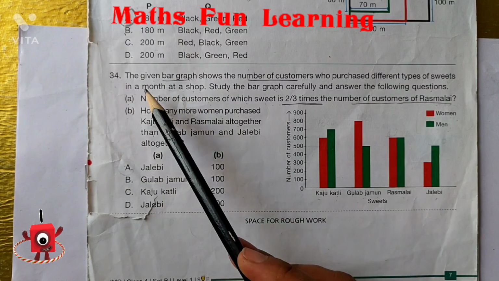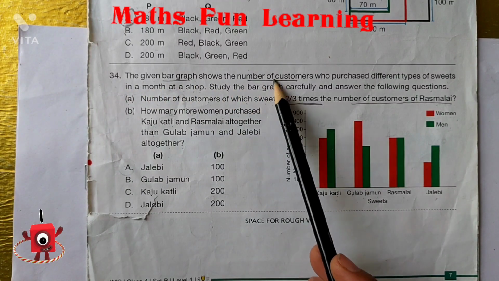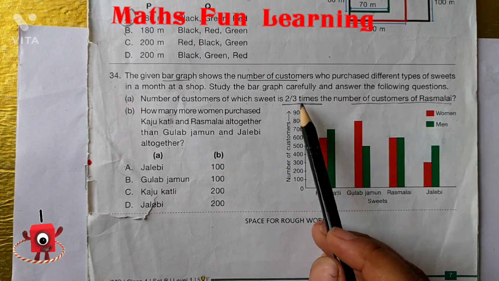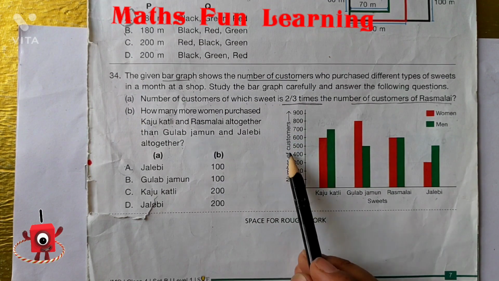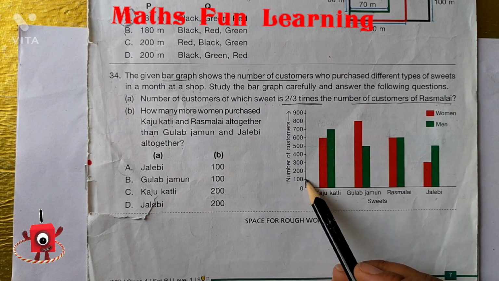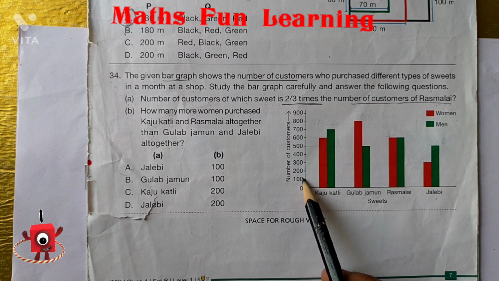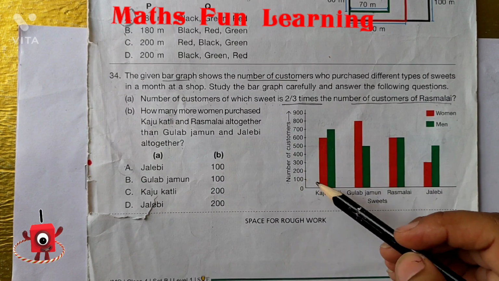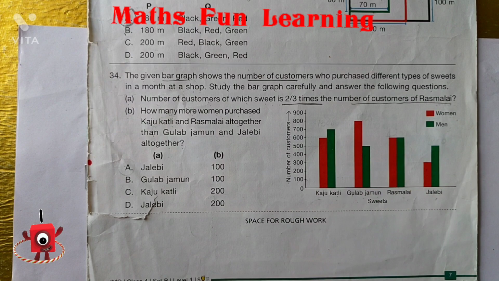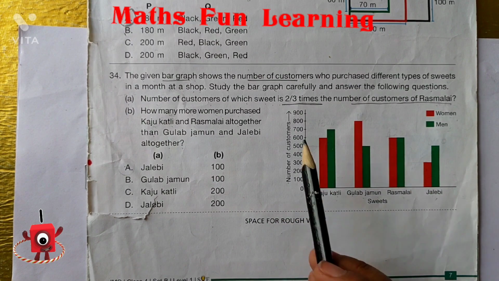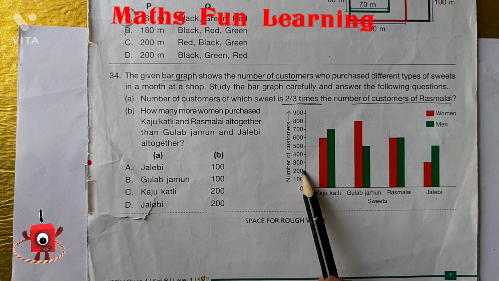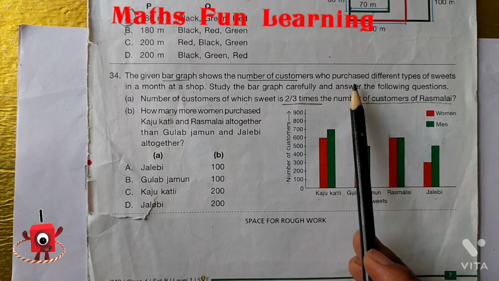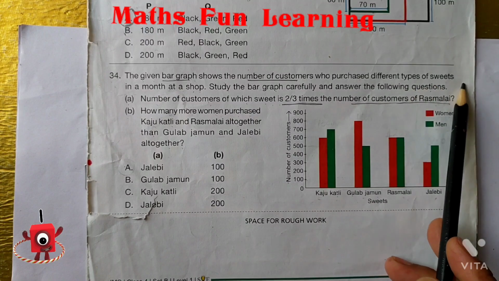Question number 34. The given bar graph shows the number of customers, where on this vertical line you can see the number of customers given as 100, 200, 300. These lines are all at the same distance, so it is skip counting by 100.